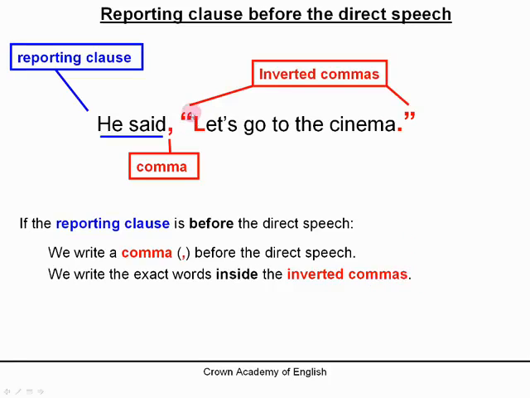So these are the inverted commas, these little lines above the words. Okay? So this is the opening, these are the opening inverted commas, and these are the closing inverted commas. And we write the exact words inside the inverted commas.